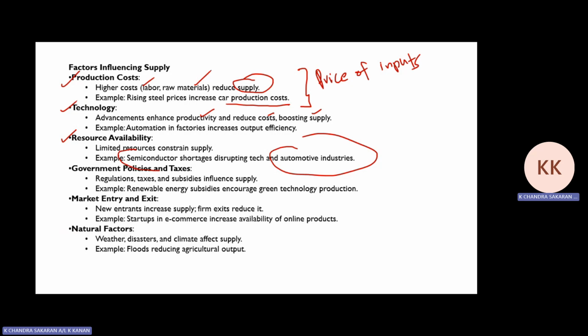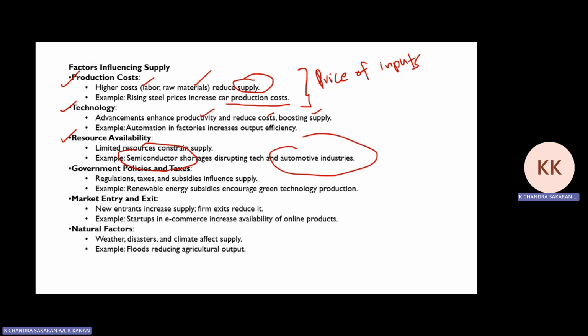This is the resource input required for making cars, because now a lot of cars use electronics. So you need semiconductors, the chips, the parts. If you find the semiconductors are not enough in the market, the car production will be affected because a car needs this as one of the very important parts.